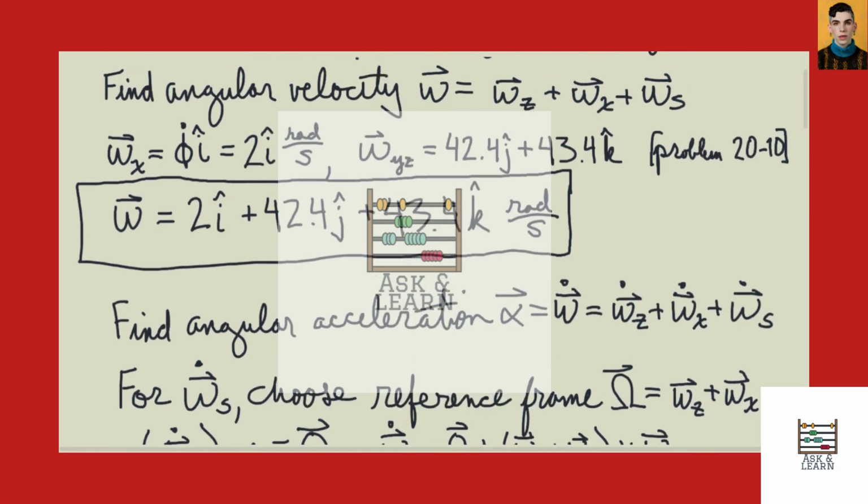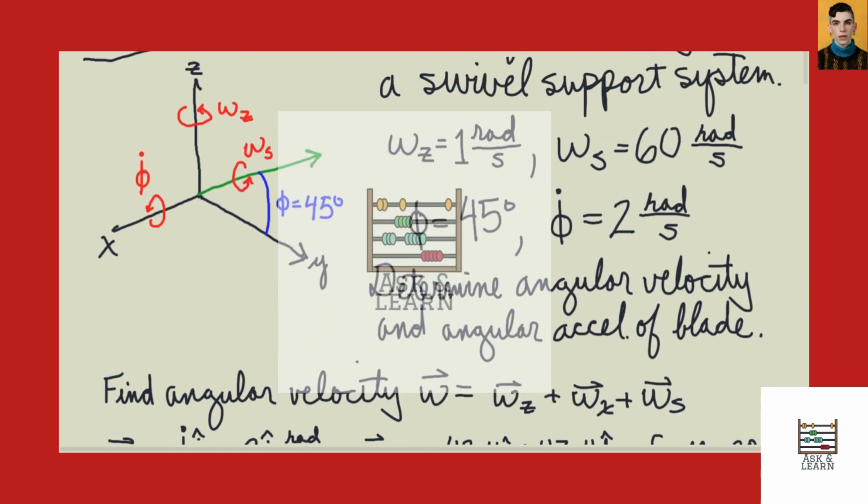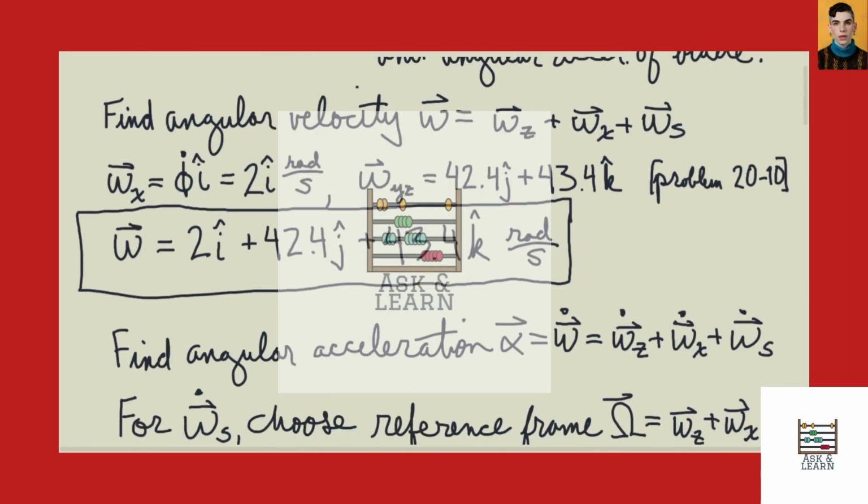So first, we will find the angular velocity. That's going to be vector omega, and it's going to be the sum of three angular velocity components, vector omega z plus vector omega x plus vector omega s. Each of those corresponds to the axes that I just described above.